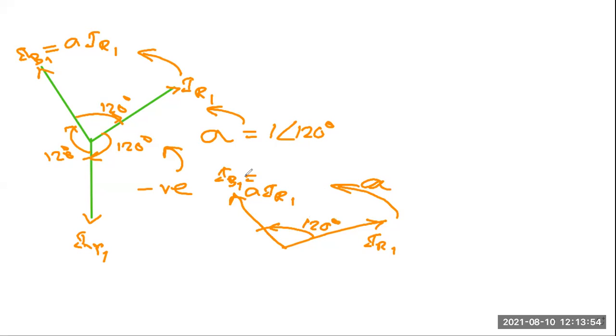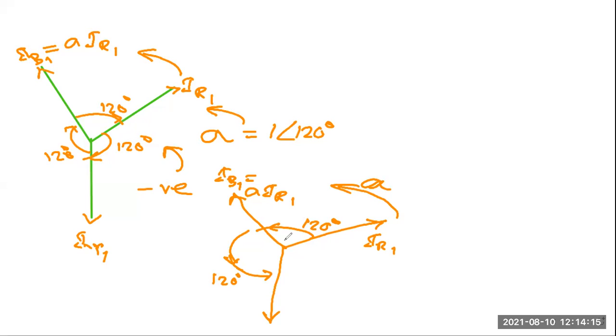So this A into IR1 is basically your IB1. Now again if you multiply this A IR1 with A, this becomes A square into IR1. So again there will be 120 degree phase shift in this direction, a phase displacement of 120 degree.